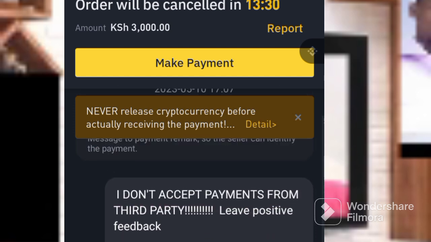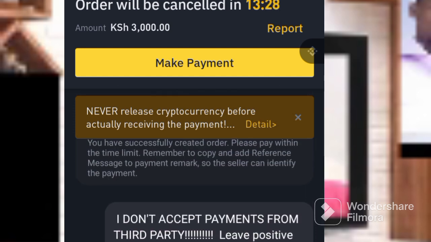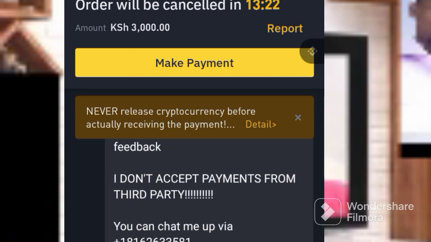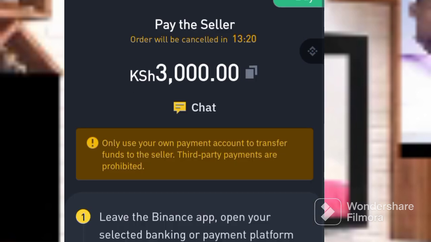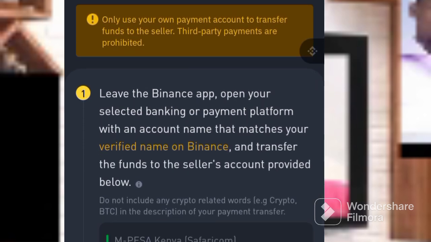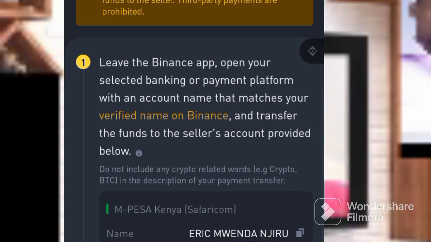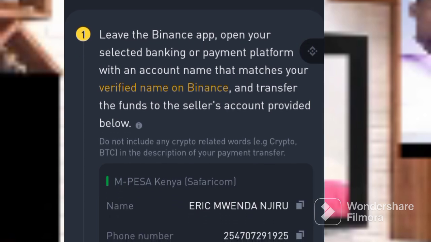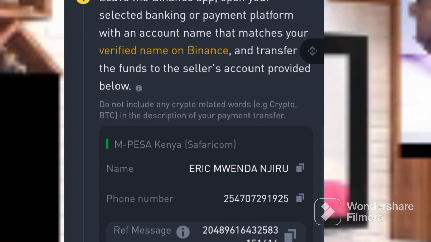If it is mobile phone, once you click make payment, you will copy the means of payment, make sure that you know the name of the person, then you go to your app, the bank or M-Pesa. Like in this case, you see the M-Pesa number, and there's a small box there.